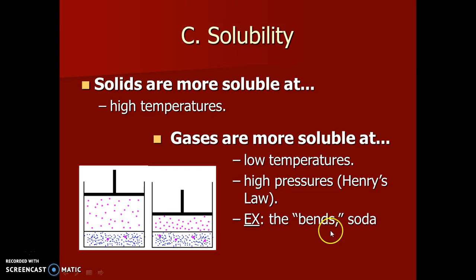Another example of Henry's law is something called the bends. And the bends is a disease that occurs in scuba divers, because when scuba divers dive deep under the water, let's say they're going down 50 to 90 feet, the pressure of the water increases.